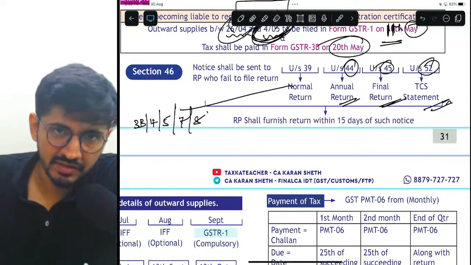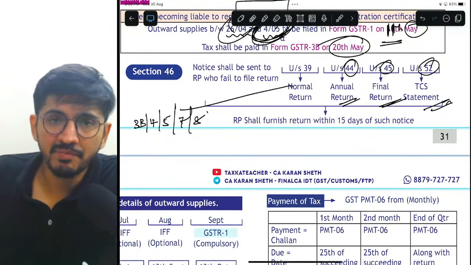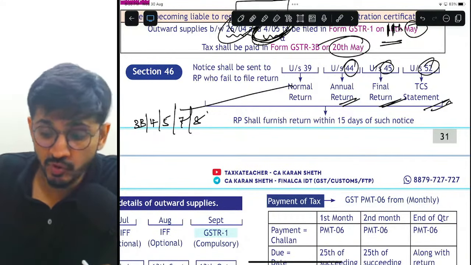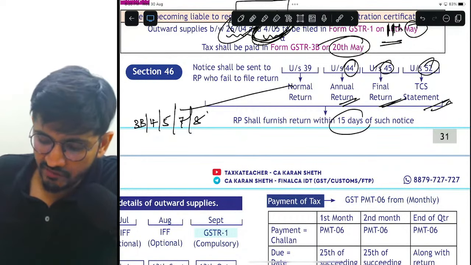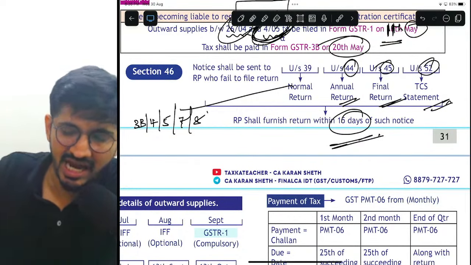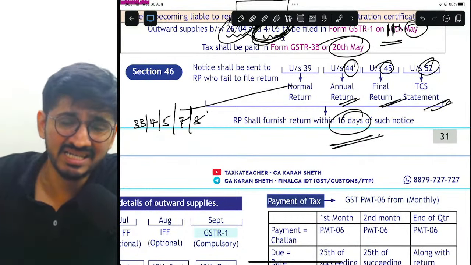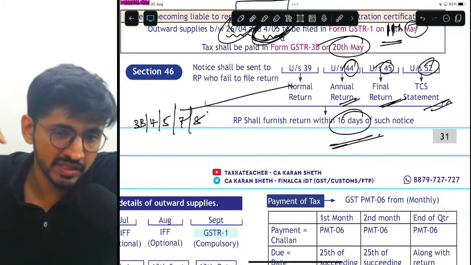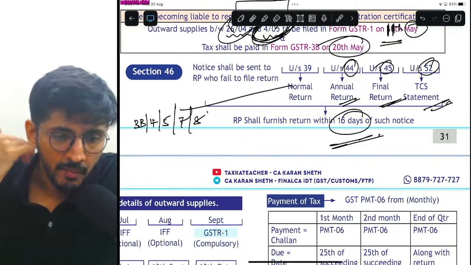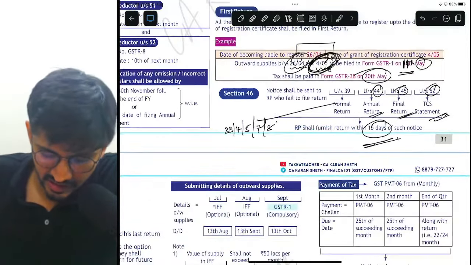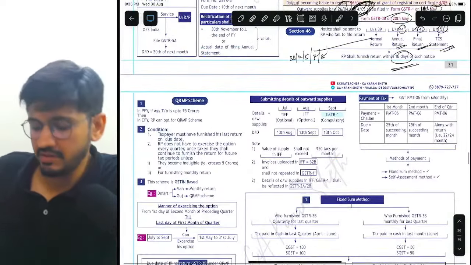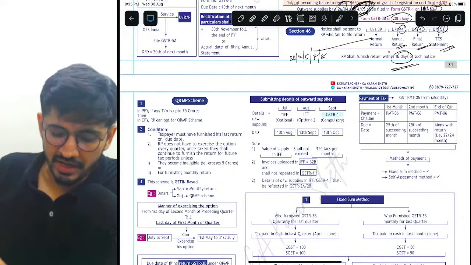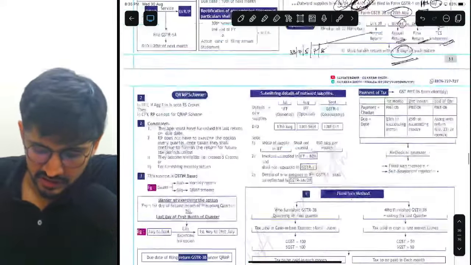If you don't file the returns after being reminded that you need to file, which you failed to file within 15 days of such notice, understand the consequences can be really harsh. Your entire assessment will be done on best judgment assessment basis. Correct. That's it.